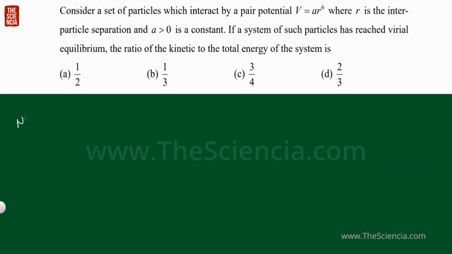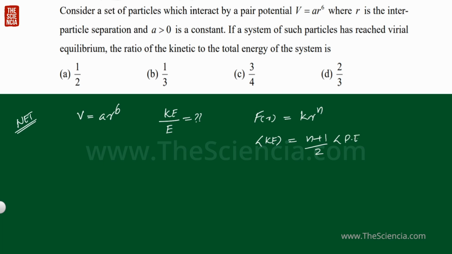This one is a previous NET problem, and in the question the potential is given, that is V equal to A r raised to 6, and the question is to find out the ratio of kinetic energy to its total energy. So how can we solve this? We know the Virial theorem, that is for a force f of r equal to k r raised to n, the average value of kinetic energy is equal to n plus 1 by 2 times the average value of potential energy.